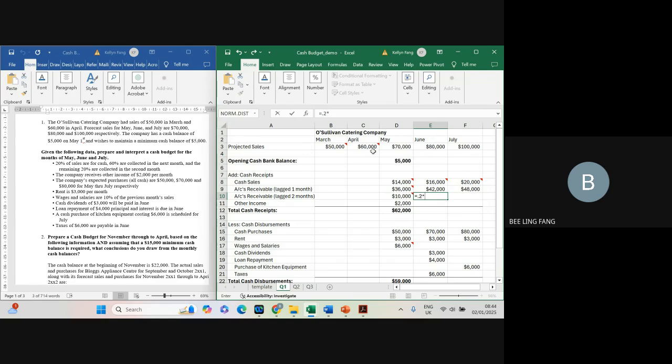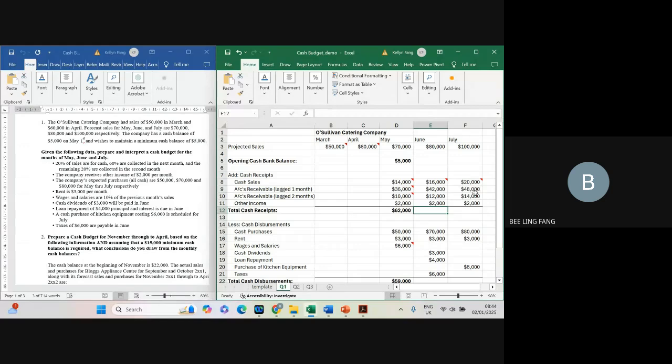So for June, that means you get from April here. July, get from the previous. And this other income, 2,000. Okay, fixed one, constant.